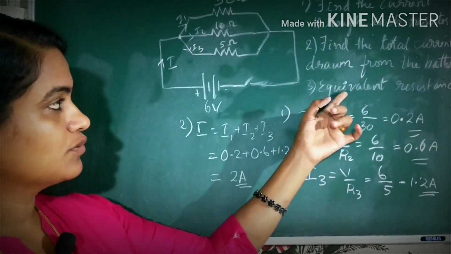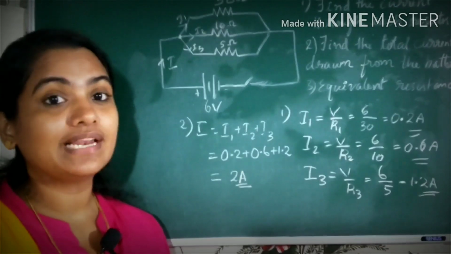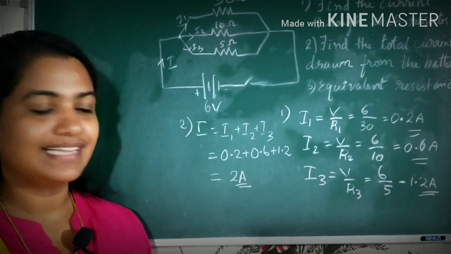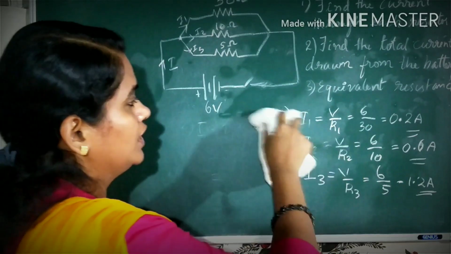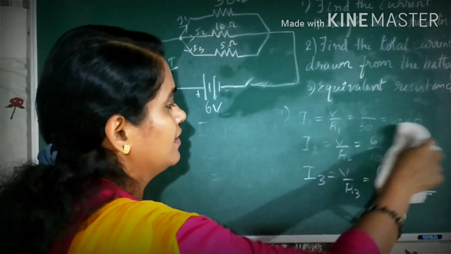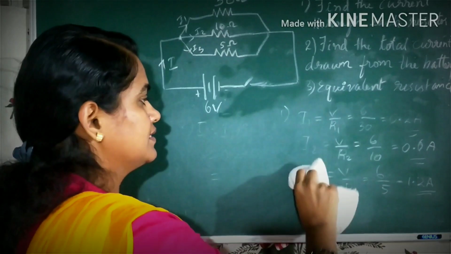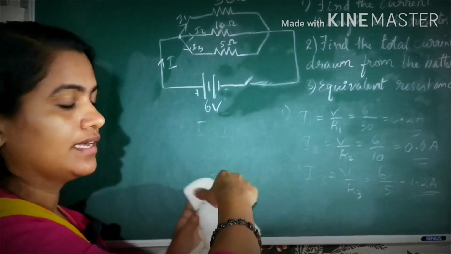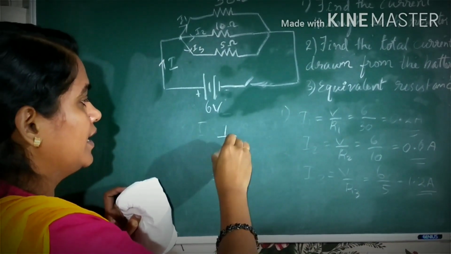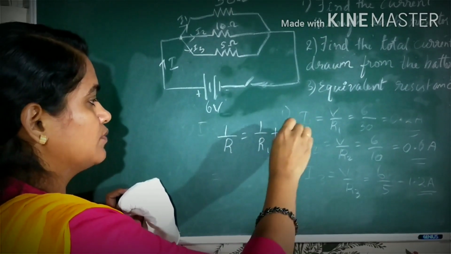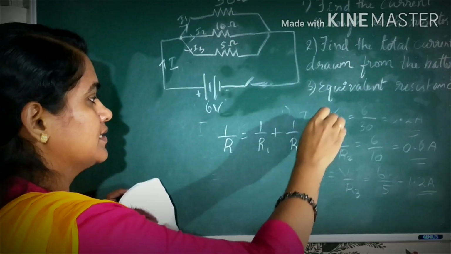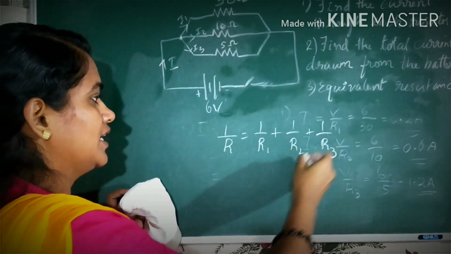And the next question is to find the equivalent resistance in the circuit. So we know the equation to find the equivalent resistance in the circuit. That is 1 by R is equal to 1 by R1 plus 1 by R2 plus 1 by R3.